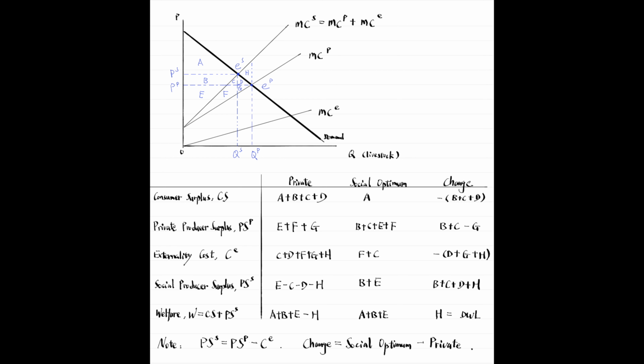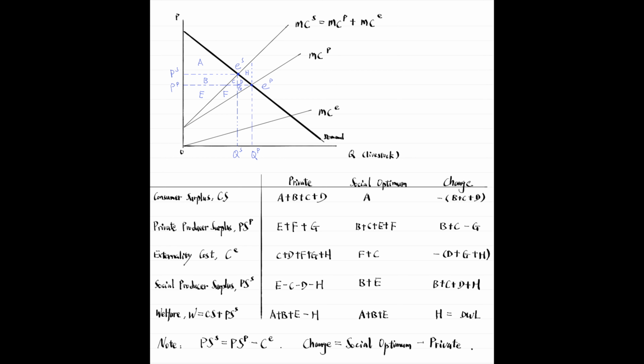Private producer surplus is based on the private marginal cost curve, and social producer surplus is based on the social marginal cost curve. Note the relationship between the variables. Social producer surplus equals private producer surplus minus externality cost.